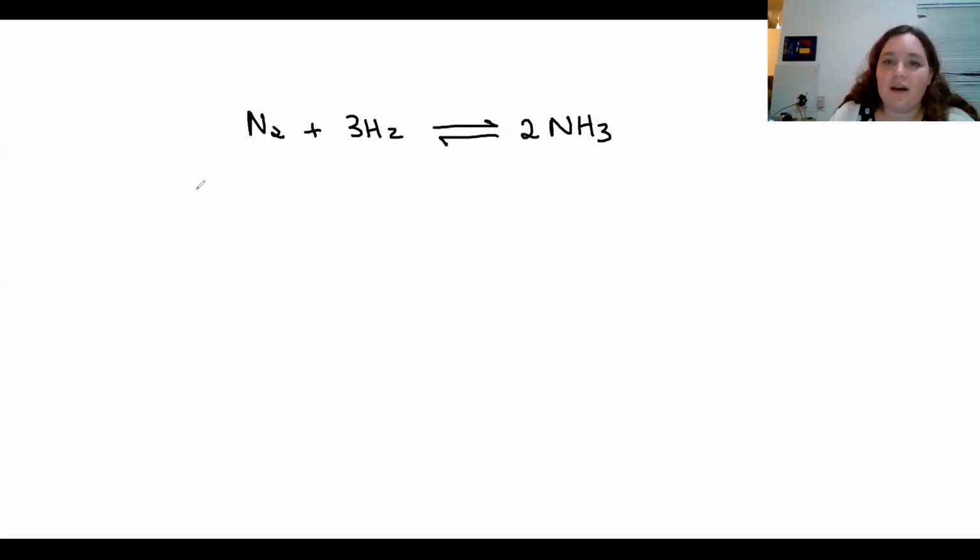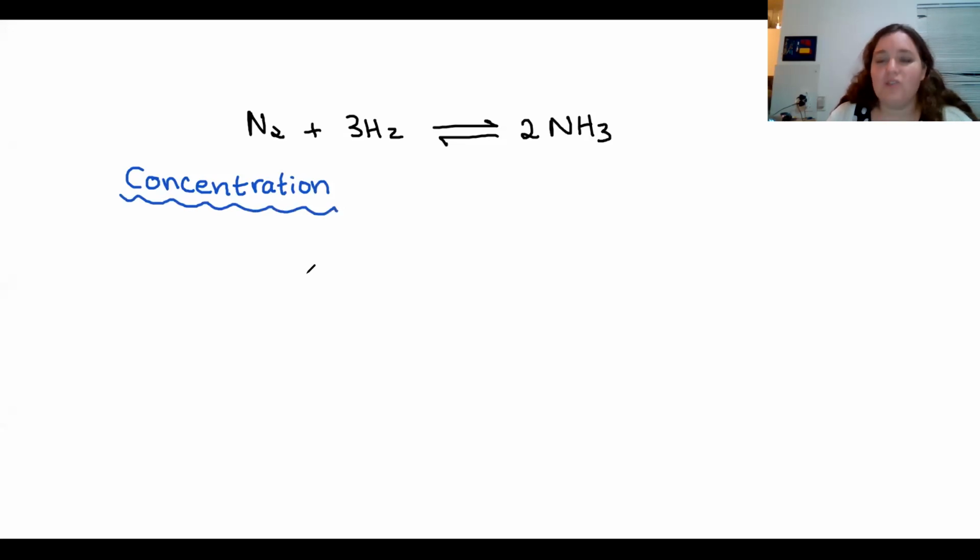Okay, the last thing that we're going to do is look at concentration. And concentration for me is by far the easiest, but it's also the thing that's most open to weird things happening. So when it comes to pressure and temperature, we had 2 options. We increase or we decrease.